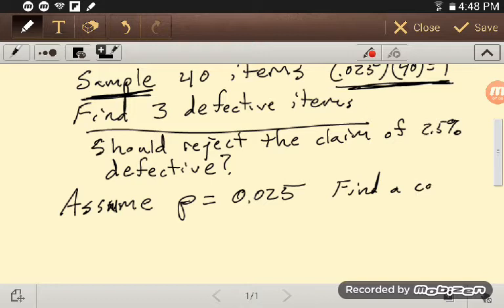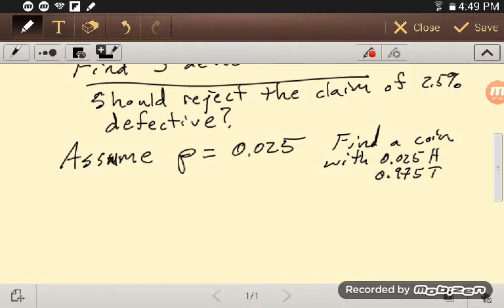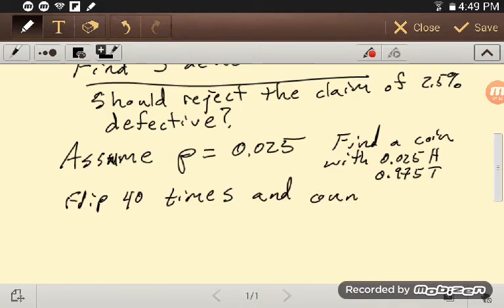Find a coin with 0.025 heads and 0.975 tails. That'd be a funky looking coin, but we find that coin, and again we flip it 40 times and count the heads.